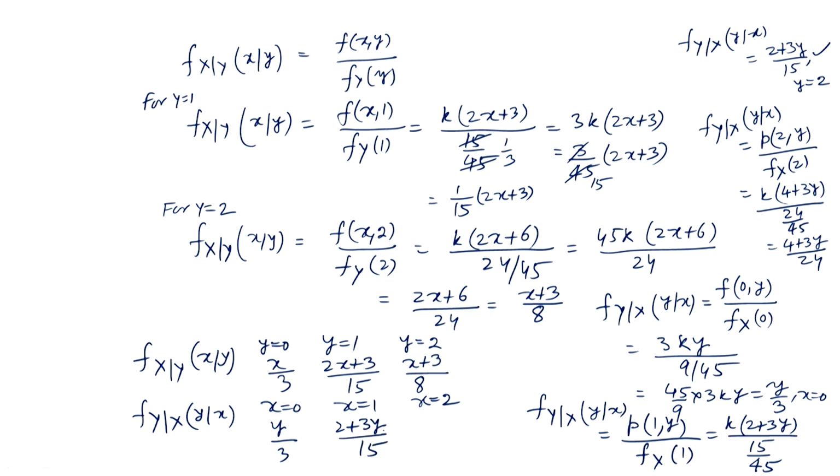And when I take x equal to 2, why I wrote y equal to 2 there, okay, this is for x equal to 1. For x equal to 2 we got 4 plus 3y by 24. Okay. So, this is how we find the conditional distributions of x given y and y given x.